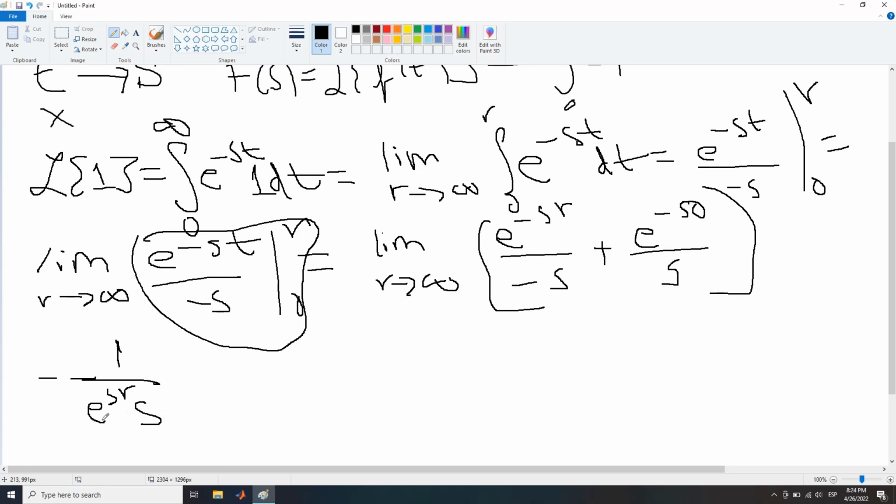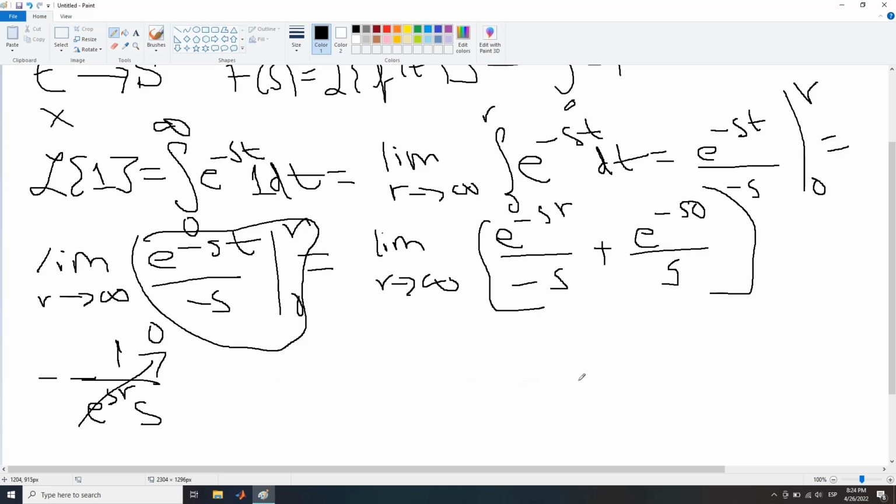This exponential will grow and grow, as r will take a very big number, so this will be 0. 1 over a big number is always 0.